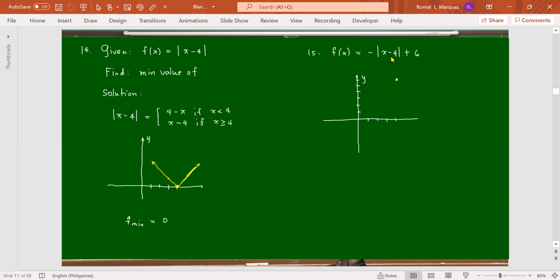When x, for instance, is 3, so this is negative 1 plus 6, I have 5 here. So something like this, and then like this one. Okay, so this is 6. Therefore, if you're asked for f max, f max is equal to 6.